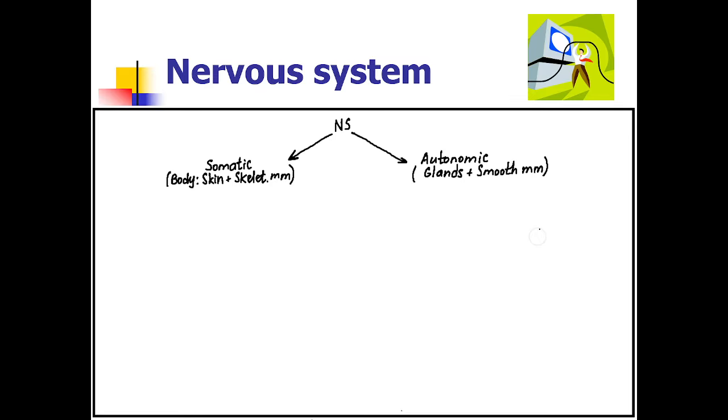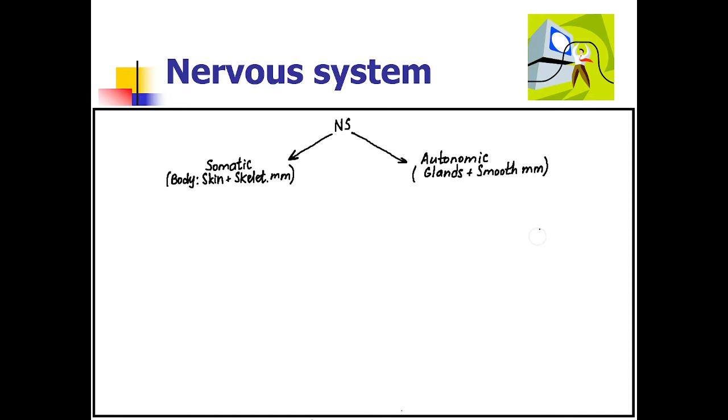Now, we start with this diagram to clarify that the nervous system is subdivided into somatic and autonomic. Somatic is responsible for innervating the soma. Soma means body, whatever I'm seeing outside, meaning skin and skeletal muscles.